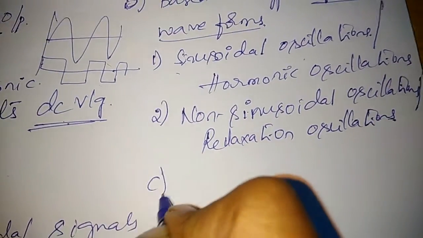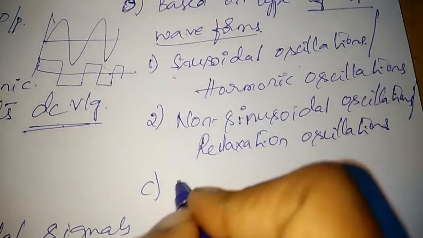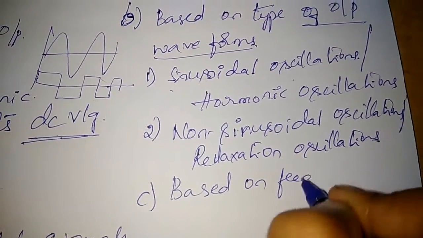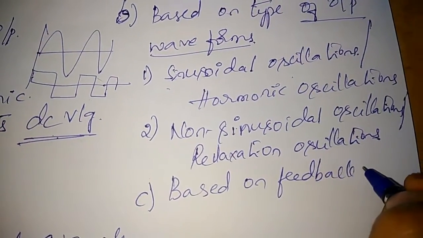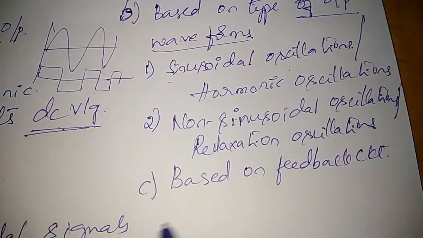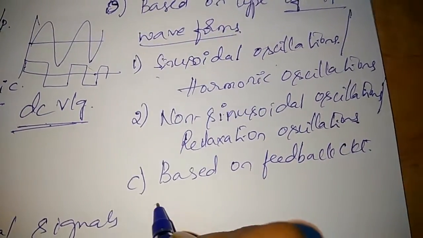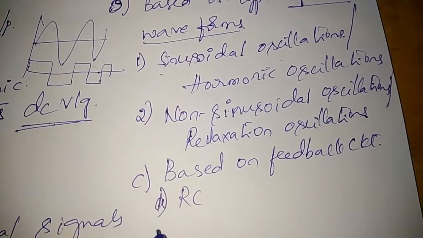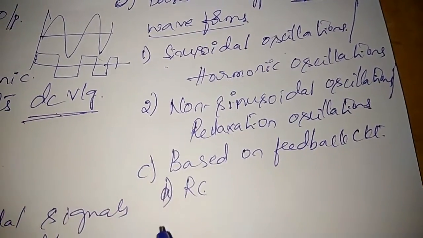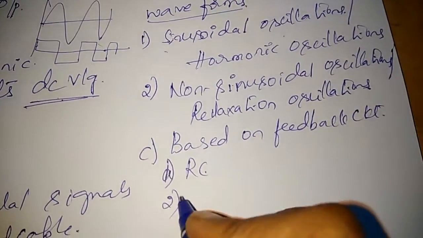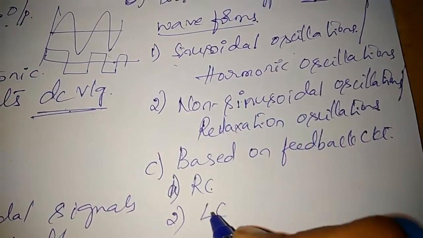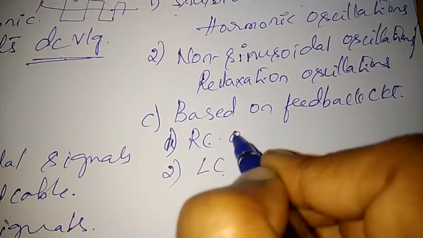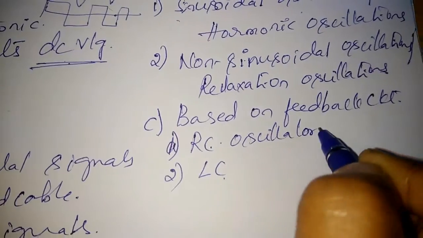The third one is based on the feedback circuit, not a principle here. That circuit is made up of which components? Either the circuit is made up of only RC, that is resistors and capacitors, or it is made up of only LC, that is inductors and capacitors.